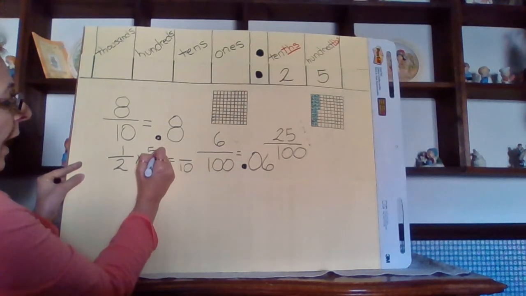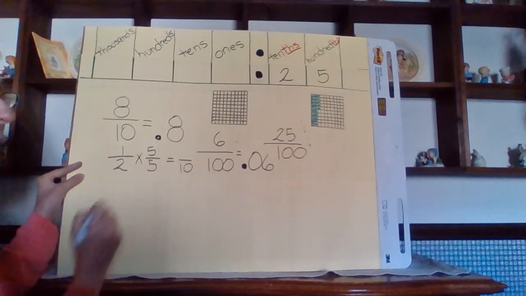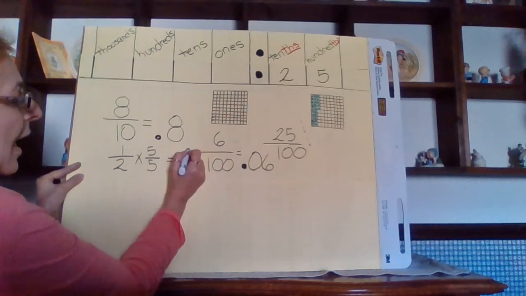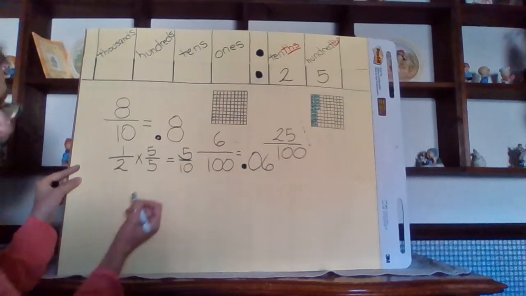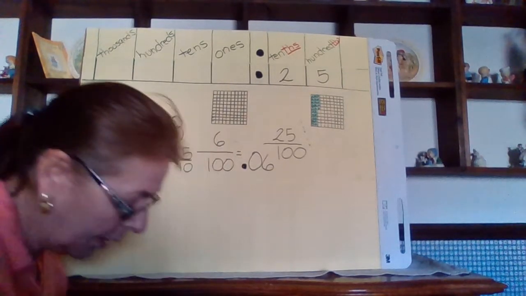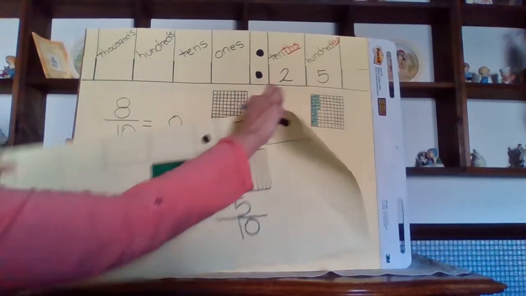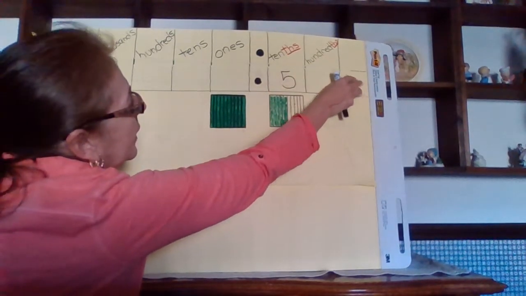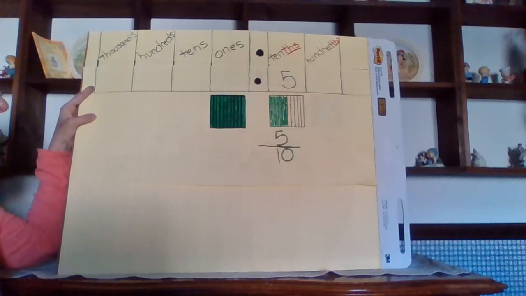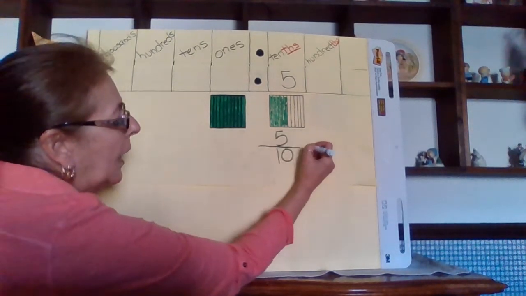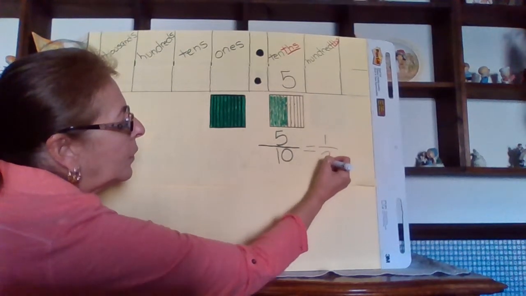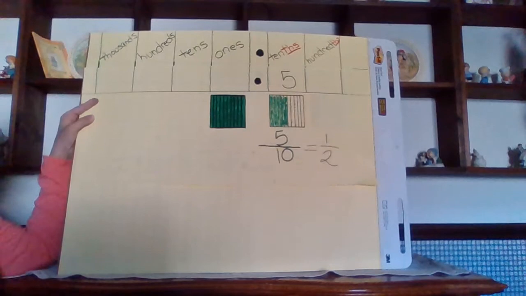I know I can multiply 1/2 times 5/5, and that gives me 5/10. And we already saw before how to write 5/10 as a decimal. So we know that 5/10 is also equal to my fraction 1/2.